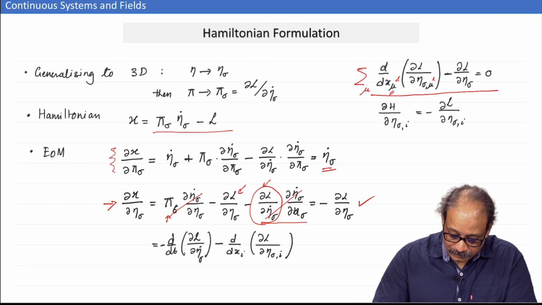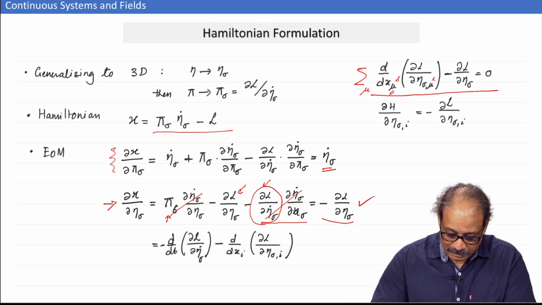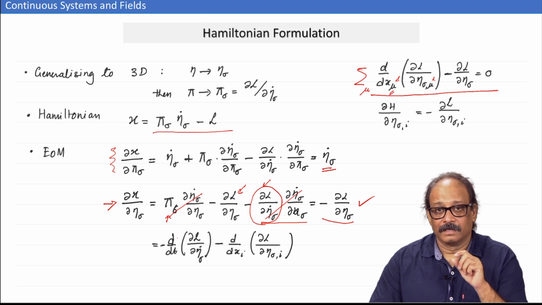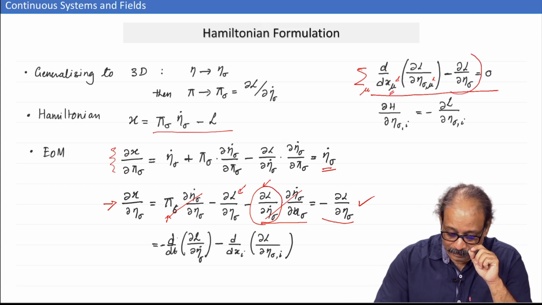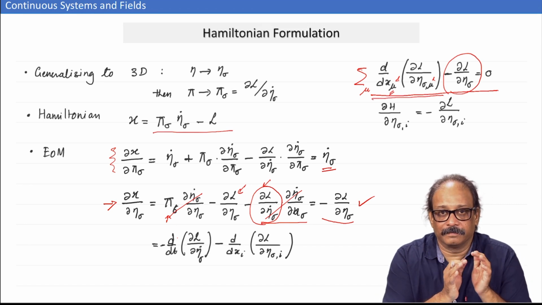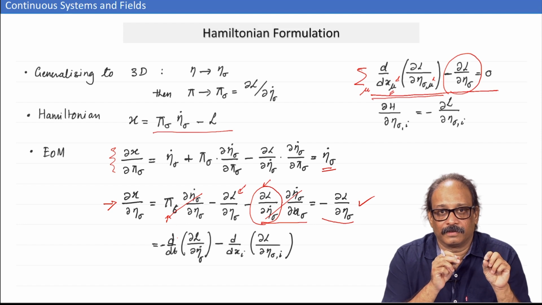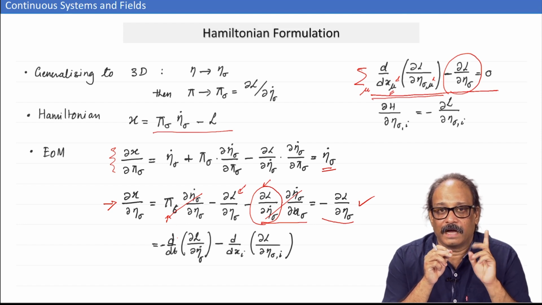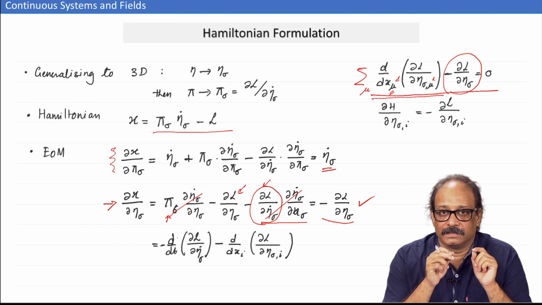So, partial derivative of L with respect to eta sigma is nothing but minus d by dt. So, this term is equal to summation over mu of the first term, because the summation over mu contains 4 terms. I will write the first term, which is with respect to mu equal to 0, that is eta sigma dot.